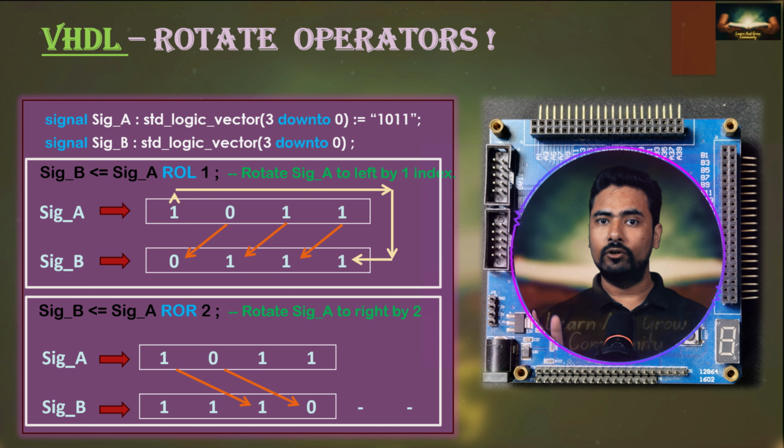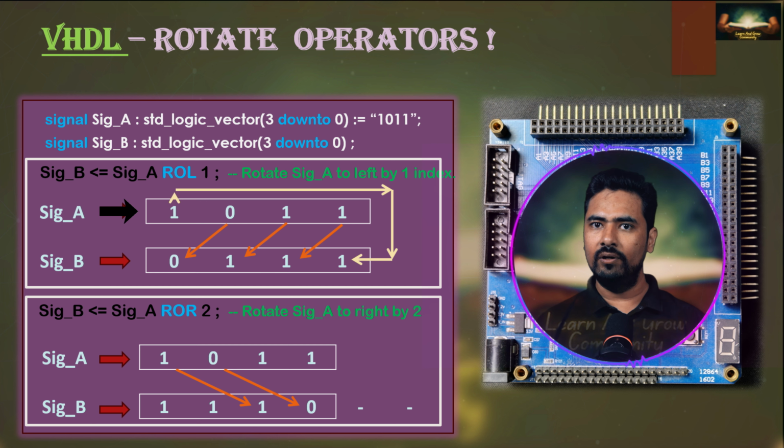This is rotating signal A data to the left by one index. At the first step, 1011 becomes 011 dash, and then the dash is replaced by the value 1, which is shifted out from 1011. So 1011 becomes 0111. Meaning if signal A is 1011, then signal B will be 0111.